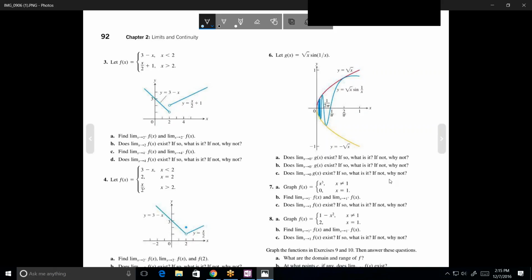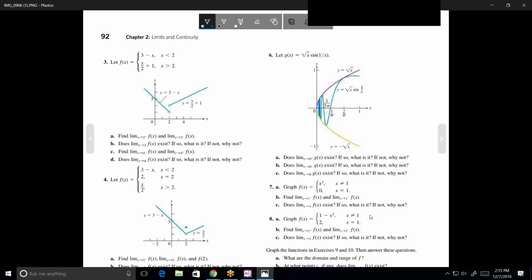Let's try it. It's equal to 1 minus x squared everywhere except at 1, where it's equal to 2. So which function is going to rule here? Top one or the bottom one? In terms of limits.